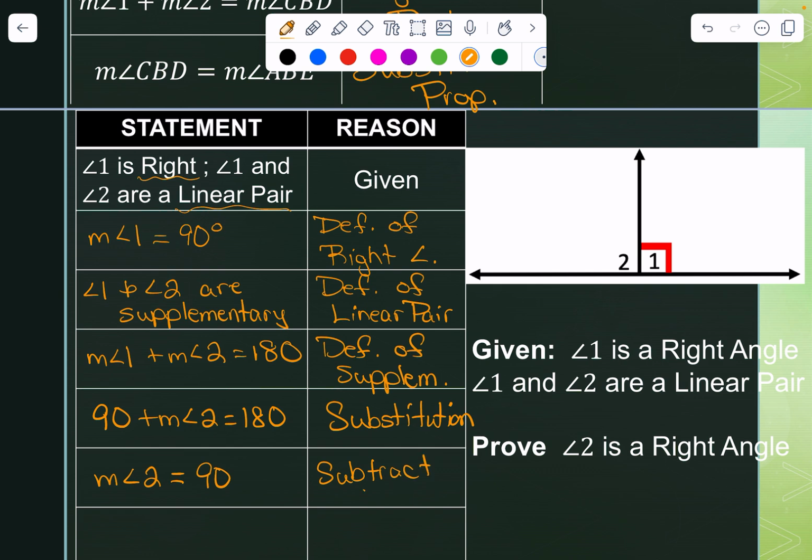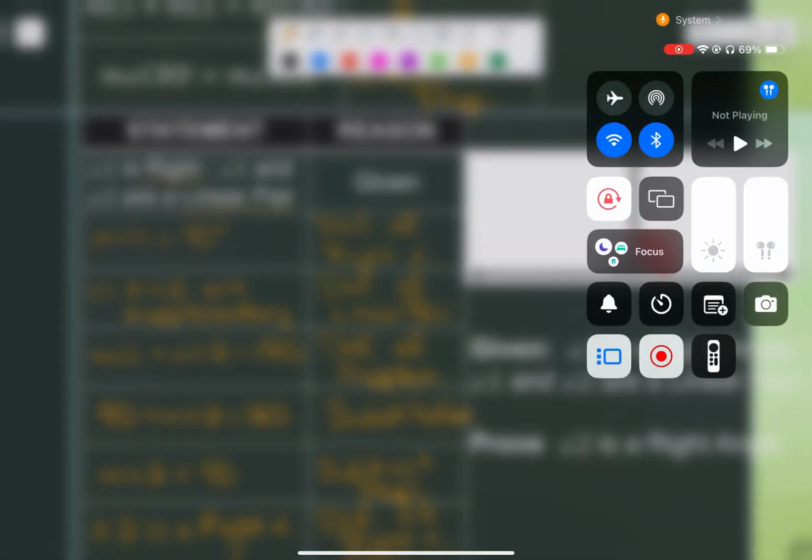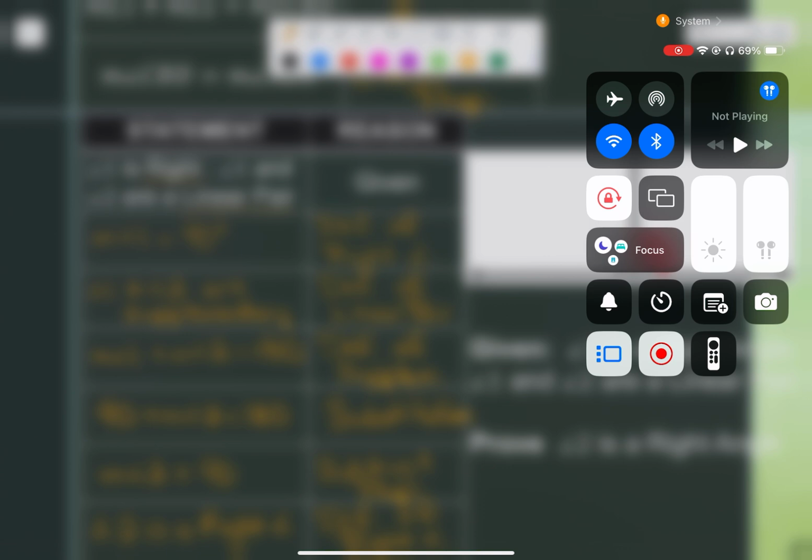Then I'm going to subtract, so I know measure of angle 2 is equal to 90 degrees. That is from our subtraction property. And then that tells me that angle 2 is a right angle. And we know that by definition of a right angle. Okay, and that is how we write our geometric proofs.